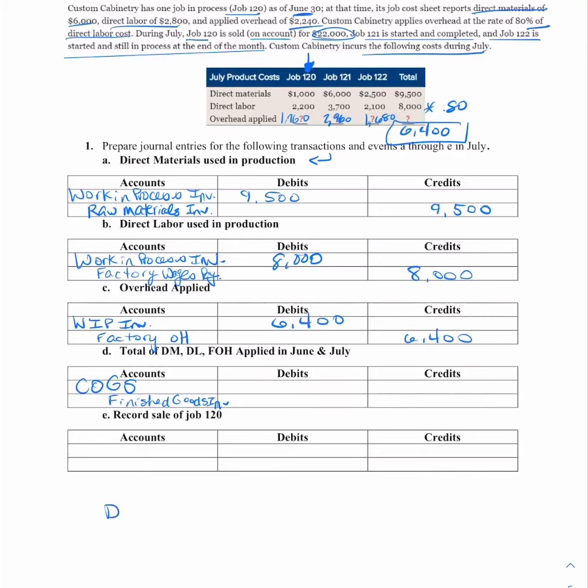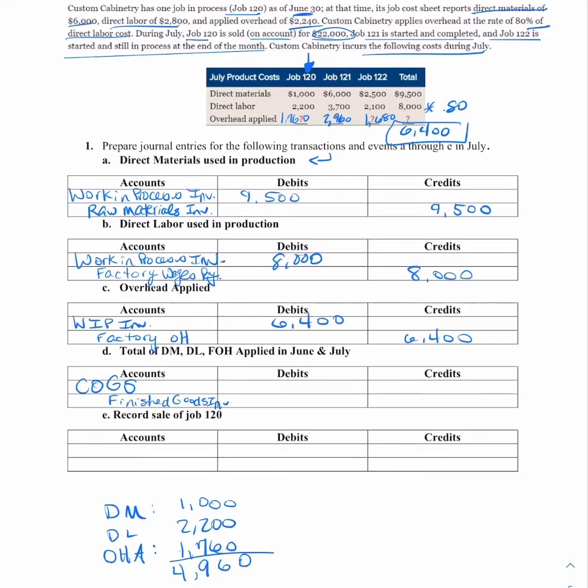So you're going to take a look at direct materials for $1,000, direct labor for $2,200, and overhead applied for $1,760. If you add all that up, you're not going to get the right answer. You're going to get $4,960 for your cost of goods sold, which is almost right, but it's not quite correct.